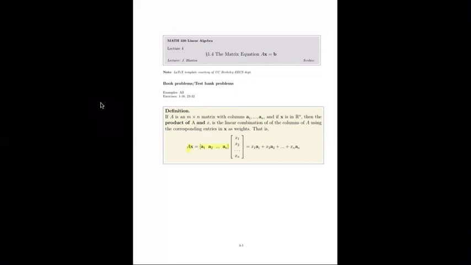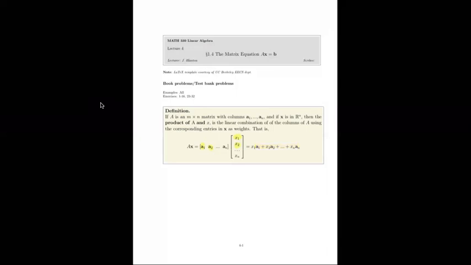We write the columns of A down, A1 through AN, in this vector notation, and multiply it by this vertical vector x1 to xn, or this column vector. And that matches A1 to x1, A2 to x2, and so on down to AN times xn. So we have this linear combination of the columns of A with X as the weights.